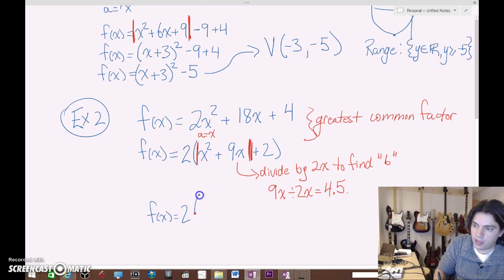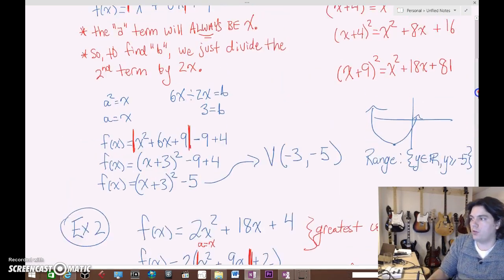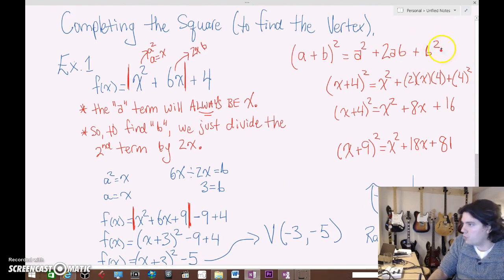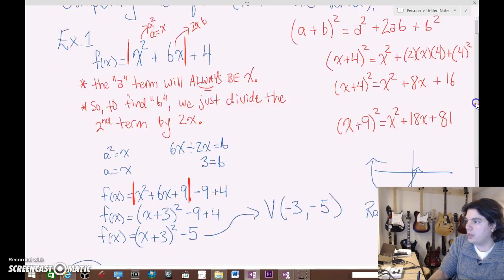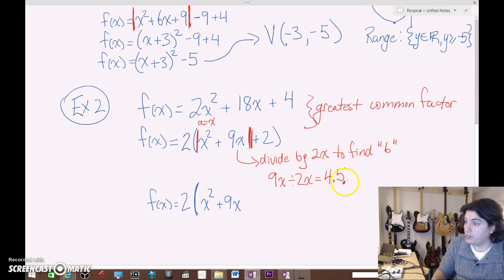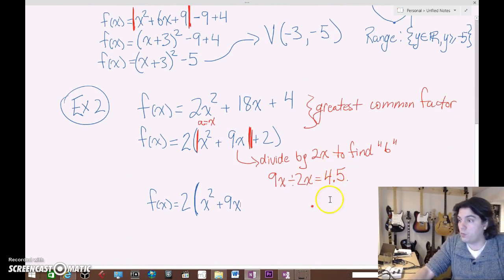This 2 stays outside. We open a bracket and we say x squared plus 9x. And now we have to put the b squared term in. We have to put this term right here in, the last term. That may seem challenging, but we know the b value. The b value is 4.5.